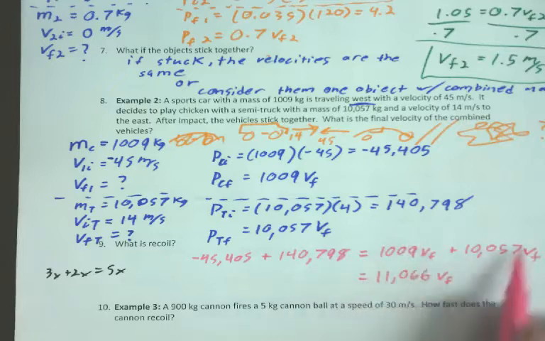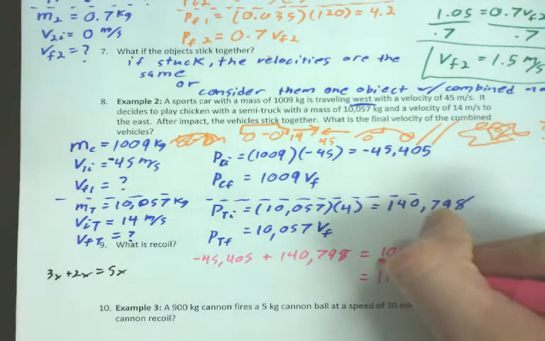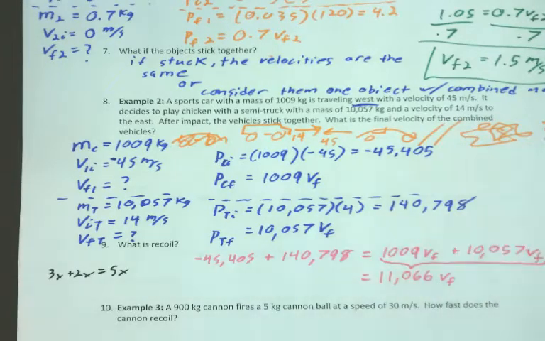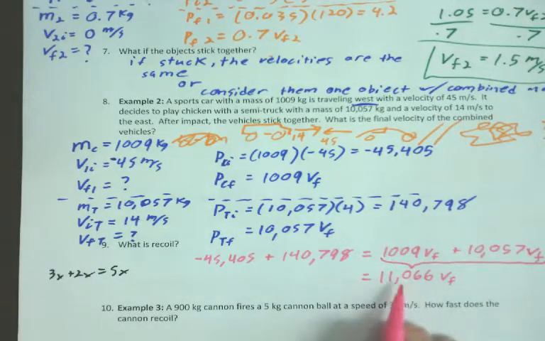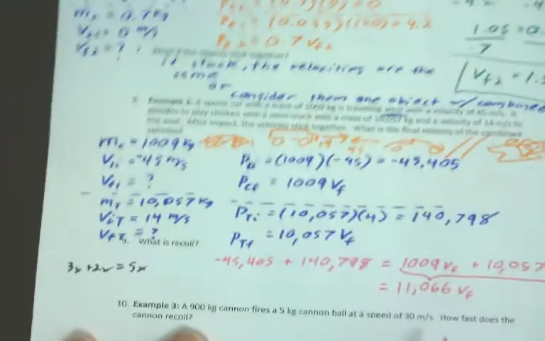So you can actually skip this step and go right to the combined value, if you want to. It's a shortcut: P final 1, not P final 1 and 2, and it's got a mass of the car and the truck, not just the truck by itself.